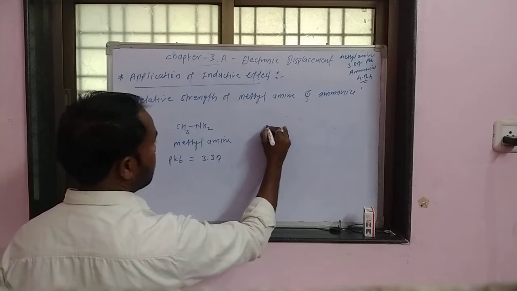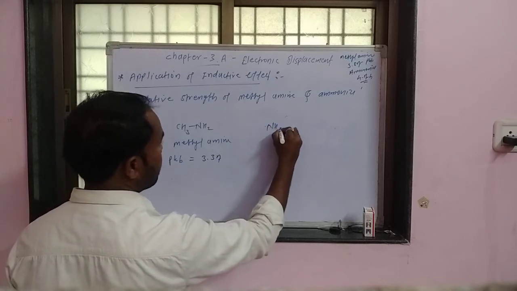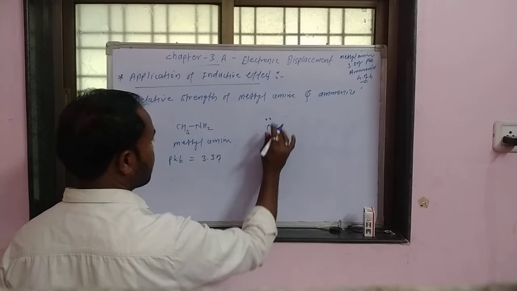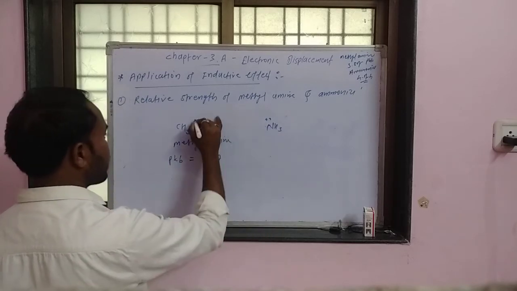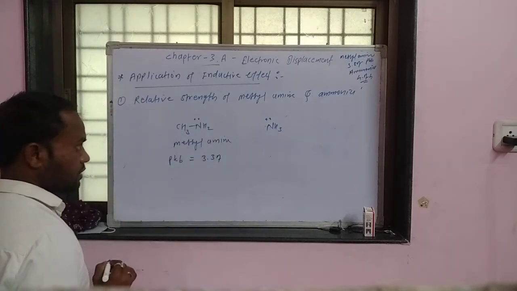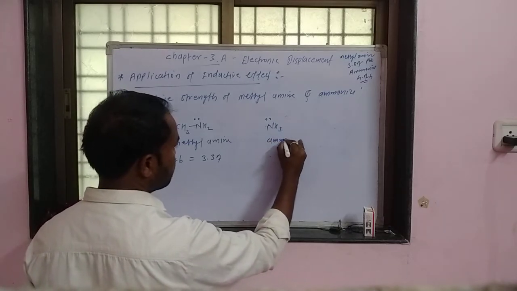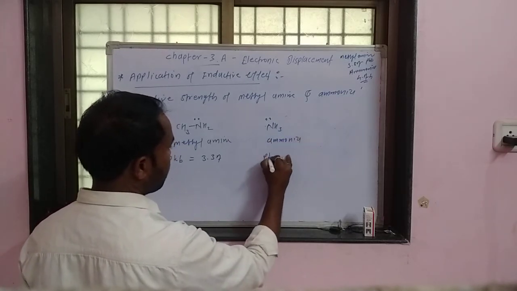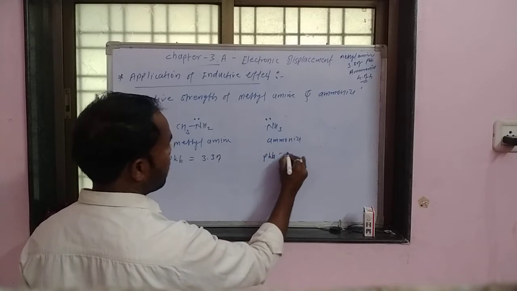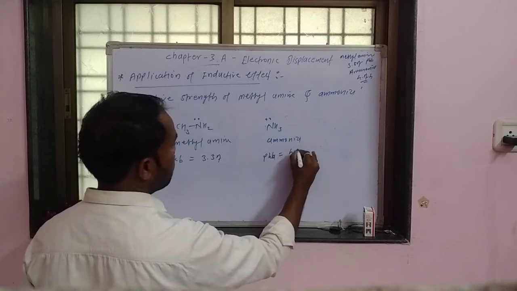Then ammonia, NH3: the nitrogen has one lone pair, and here also nitrogen has one lone pair. The pKb value of ammonia is 4.74.